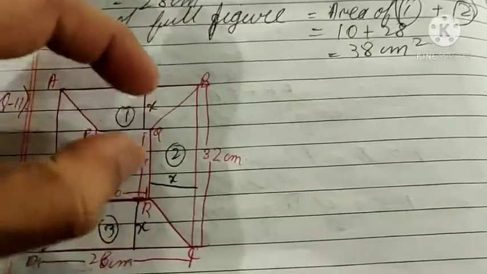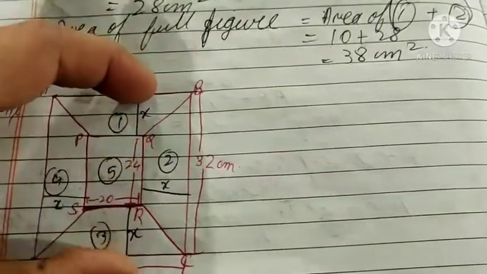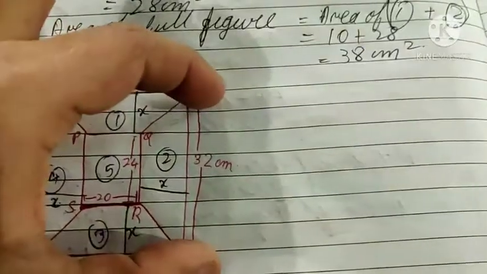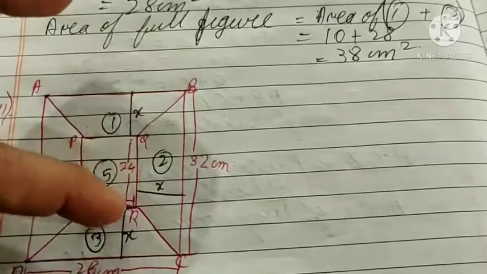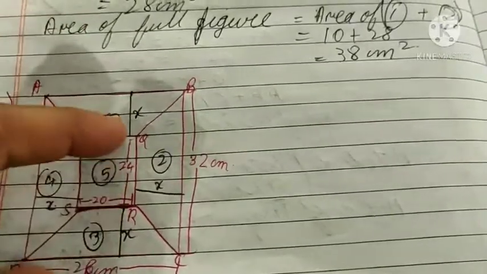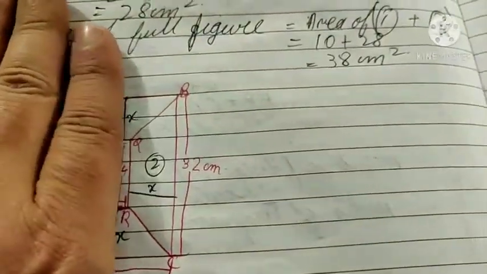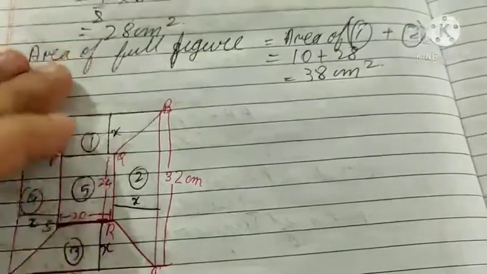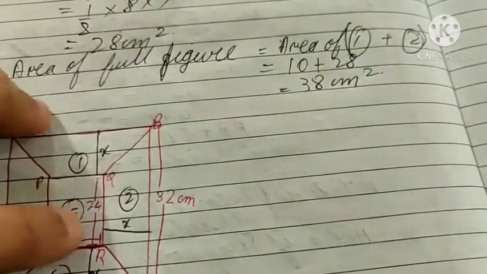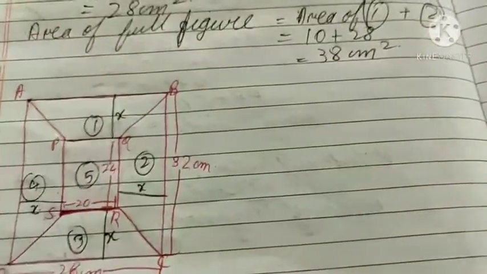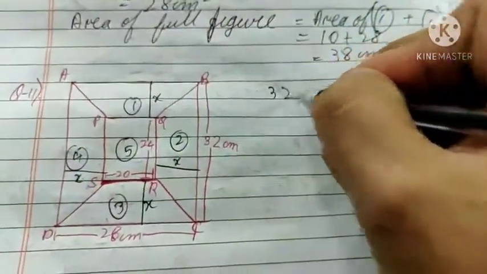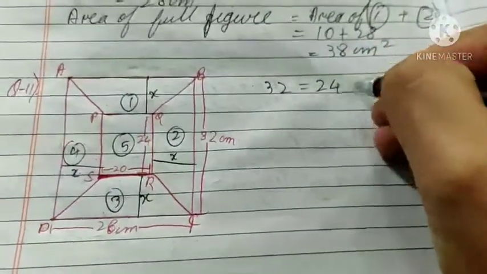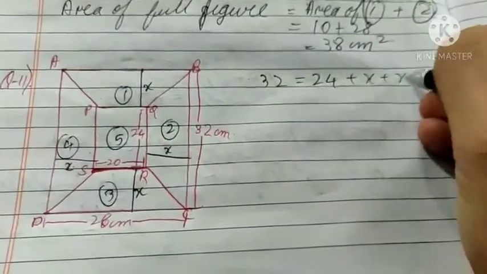X, 24 and x is the division of this full side, that is 32. Look, this is complete 32, of which our small portion is x, and this is 24 and this is also x. So this 32 is divided in 3 sections, 24, x and x.